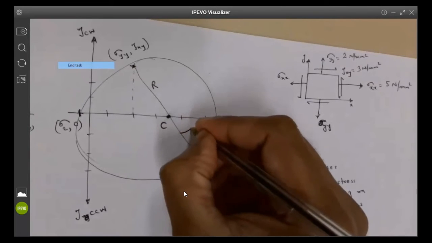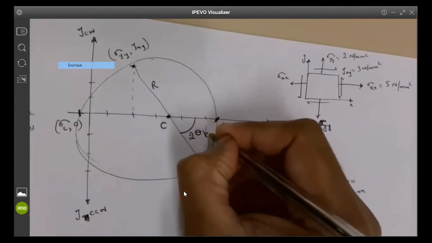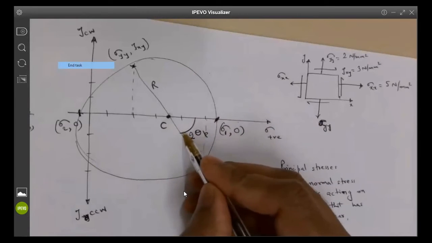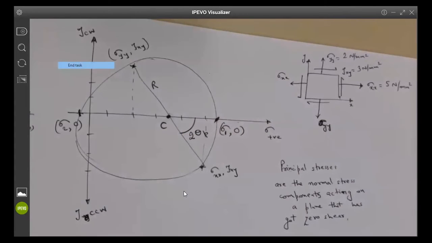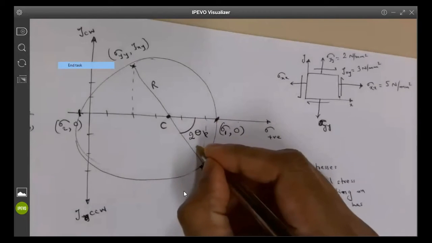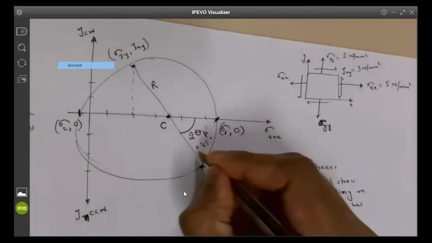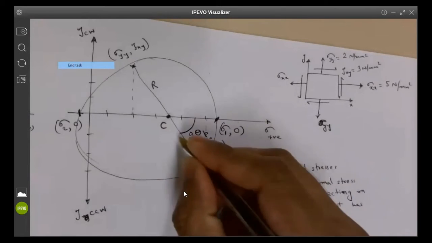And this angle is given as 2 theta p. 2 theta p basically means if I rotate this stress element by an angle theta p, let's say this angle comes out to be, say, 45 degrees, looking at the construction.